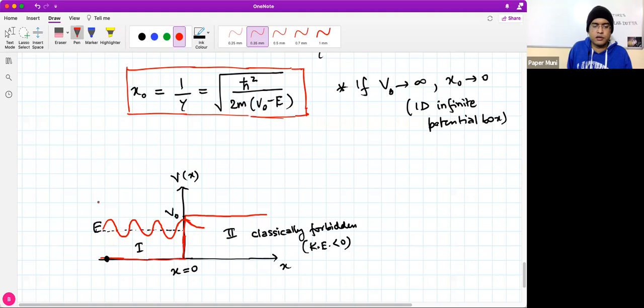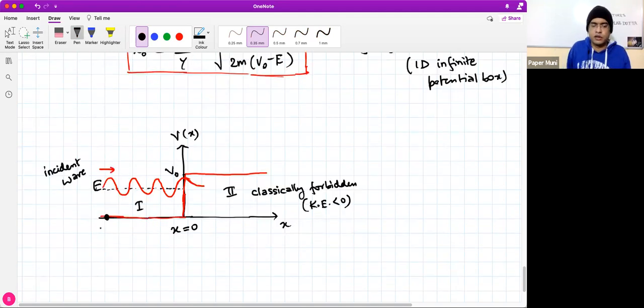This is the incident wave, which is oscillatory. Now we are just looking at the real part or the imaginary part, whichever it is, plotted separately. This is basically the wave A e to the power plus iota kx. Sorry, not minus, plus iota kx.